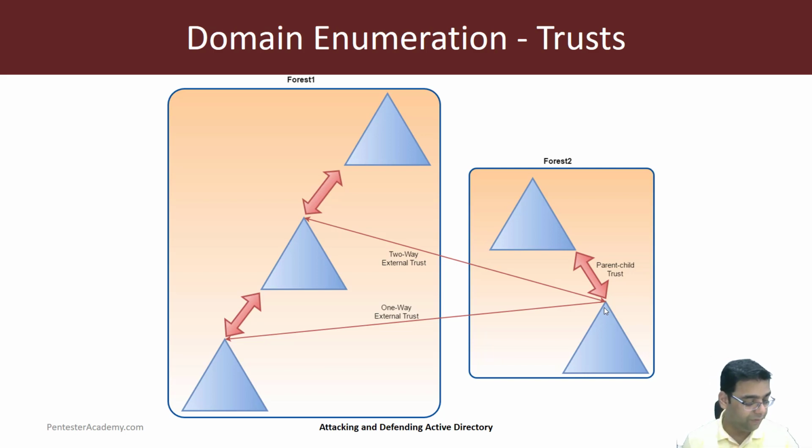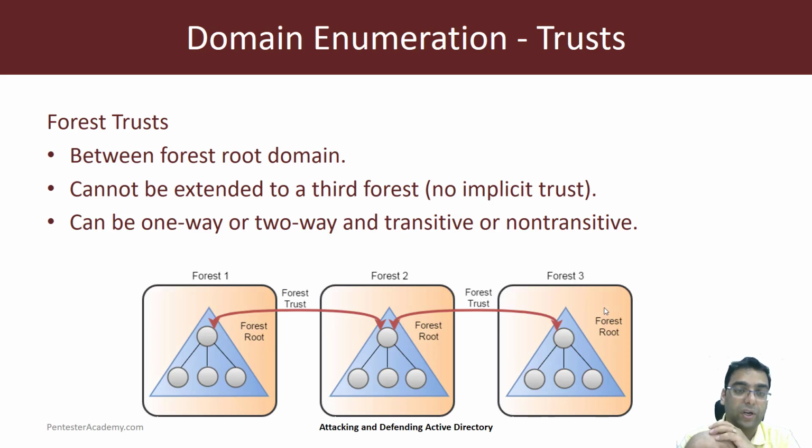The next type of trust is a forest trust. Now, forest trust is established between root domains of a forest, right? For example, here in this diagram, we have forest 1, forest 2, and forest 3. And if there is a trust relationship between roots of these forests, it's called a forest trust. Please keep in mind, once again, it is a non-automatic trust.